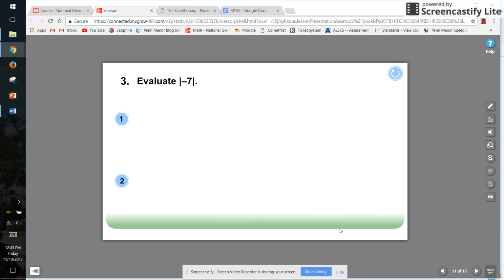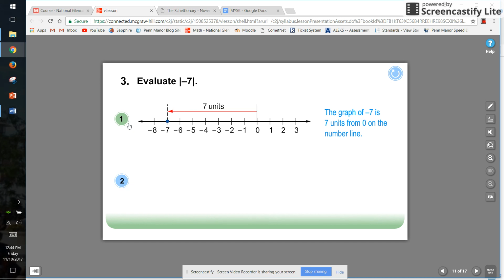So if I take a look at a number line like this one, I can measure 7 units to go from 0 to -7. Even though I'm going in the negative direction, it still means that I have to travel 7 bounces to get down there. So I would say that the absolute value of -7 is 7, or 7 movements on our number line.